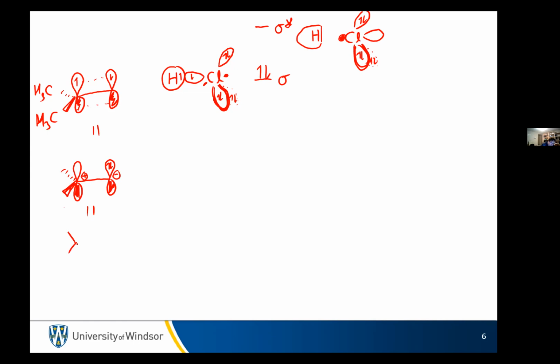That's equal to me just having drawn that, the lone pair on that carbon out there. That's a resonance structure, right? It's a silly resonance structure. You got charge separation, you've broken a bond, but it's a resonance structure.